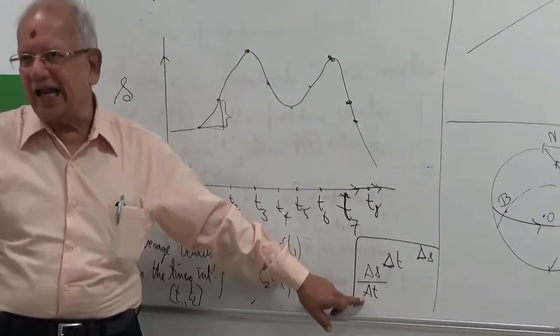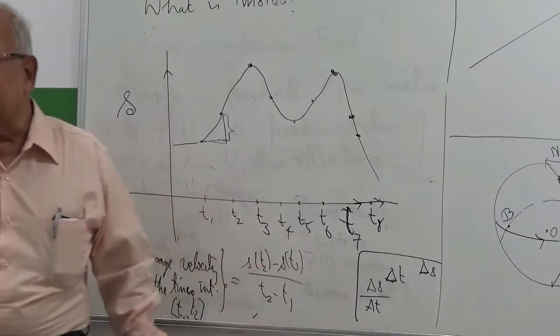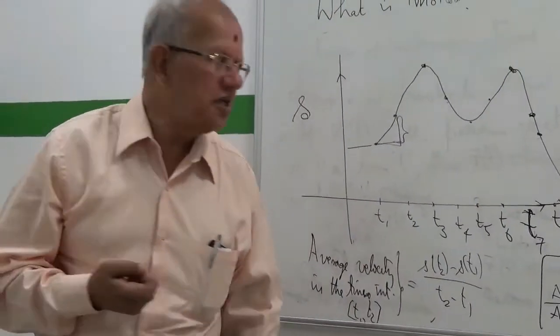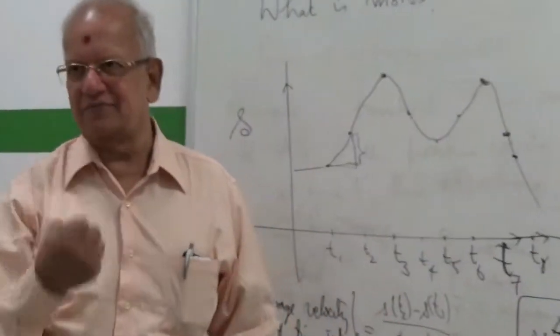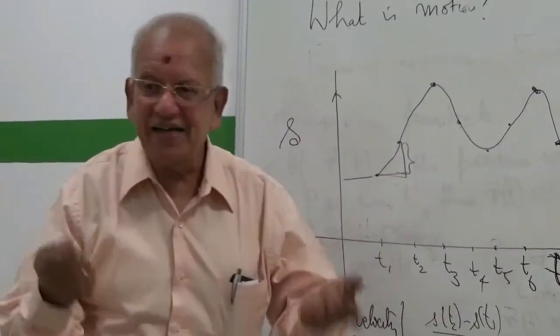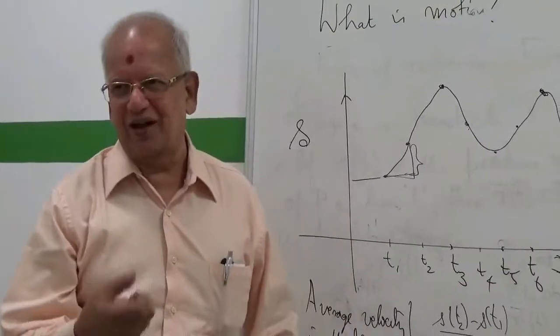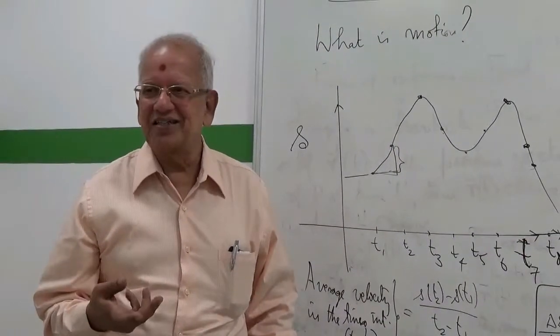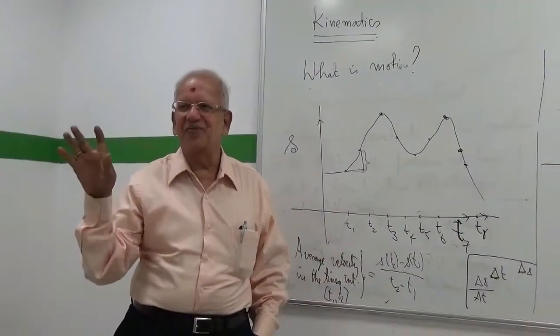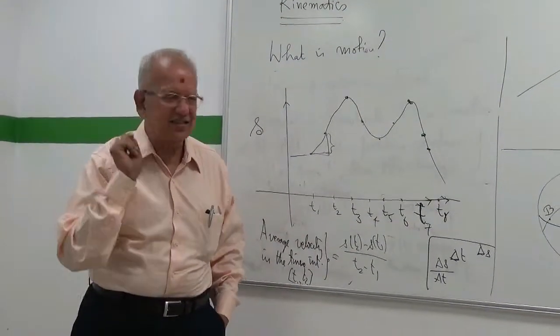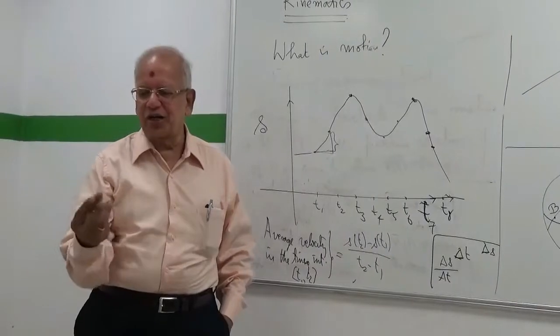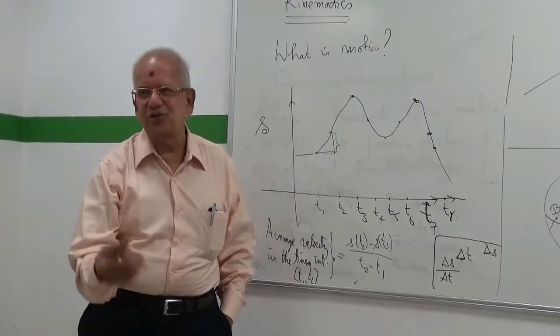So, you get a better approximation to your instantaneous speed if you take delta t to be smaller. You get still better if you take delta t still smaller. And the obvious question is, I don't want any error, absolutely no error. I want the exact answer. That means I should take delta t almost 0.